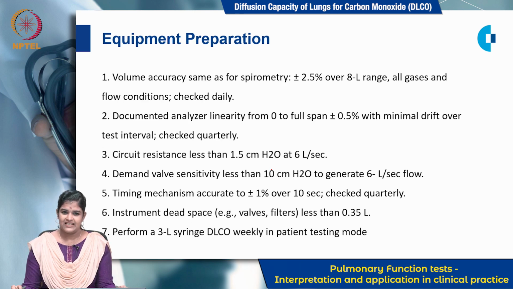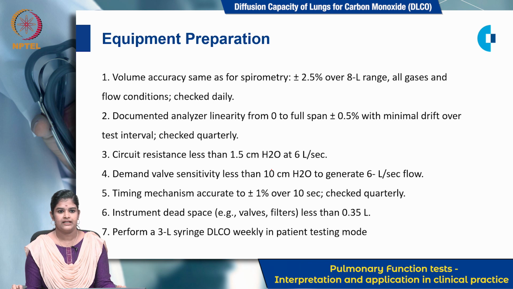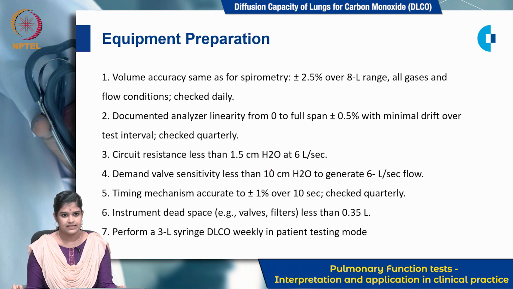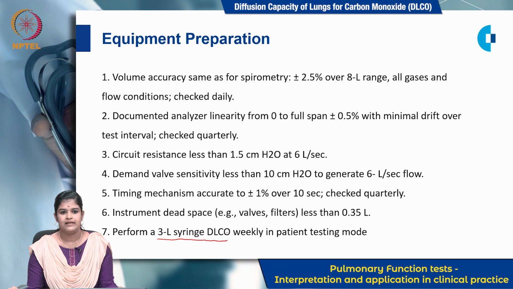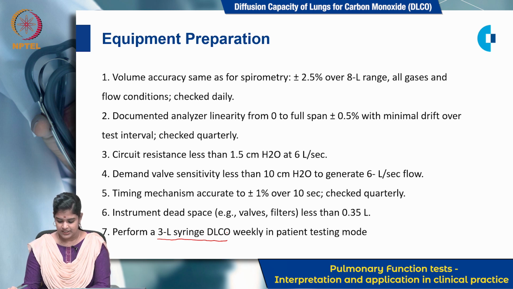Equipment preparation, like spirometry: the equipment has to be calibrated and kept ready before the test is performed. I'm not going into details, but what I wanted to highlight is that before doing the test, the DLCO machine has to be calibrated with a 3-liter syringe.